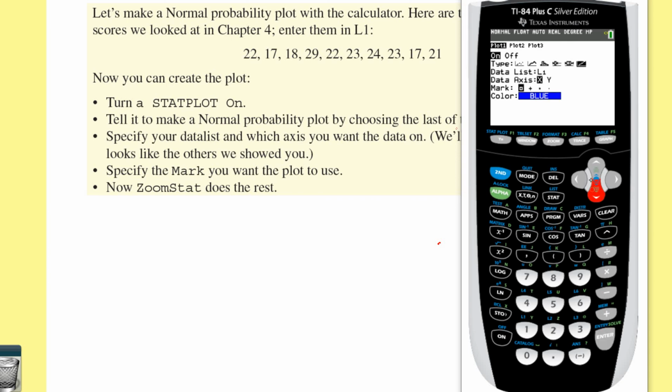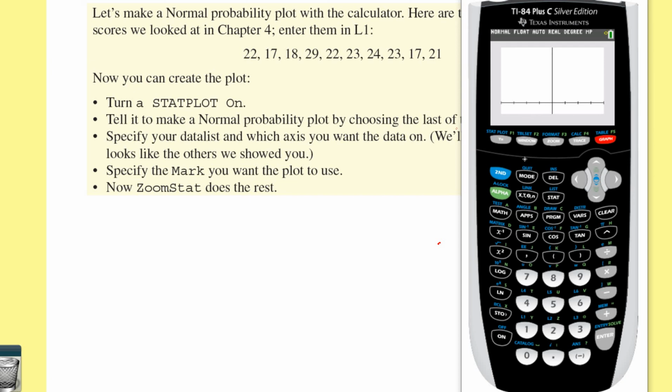So we choose list 1, and here we can choose the axis to display on. If we choose Y, it's like the one I showed you before. You can use any marker that you want. Let's try the crosses. Oh, I didn't change my window.